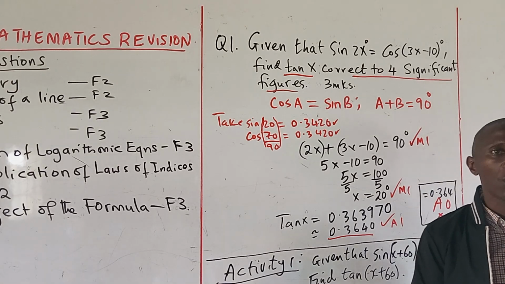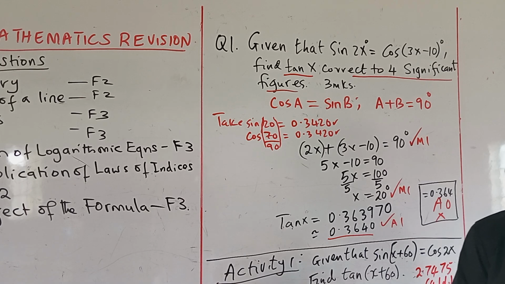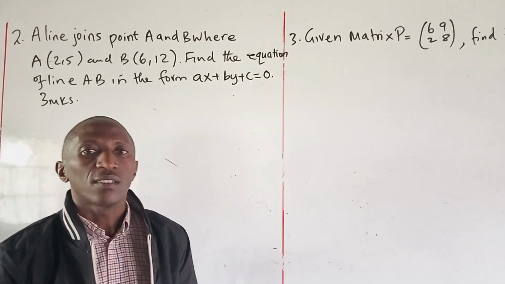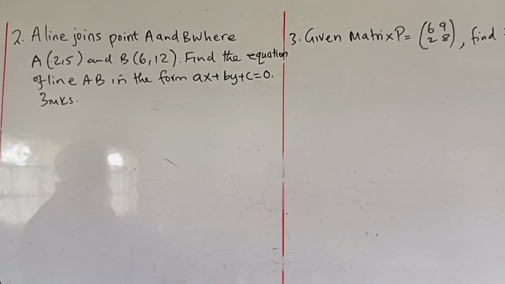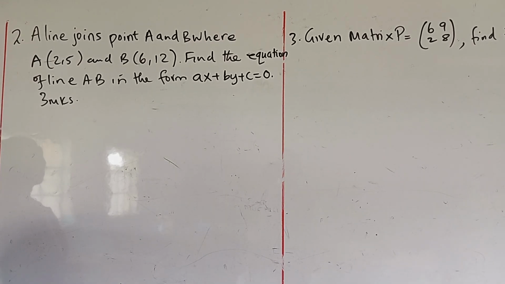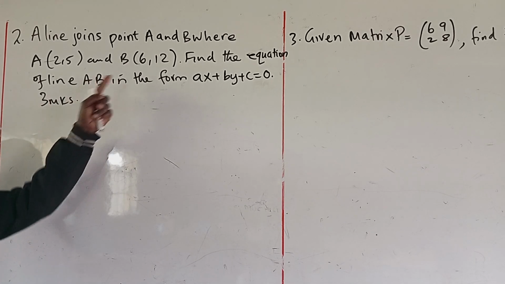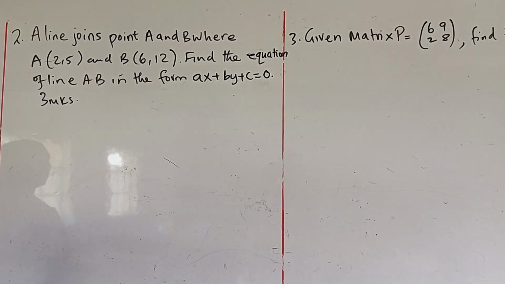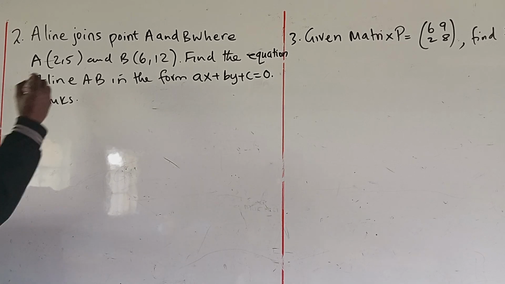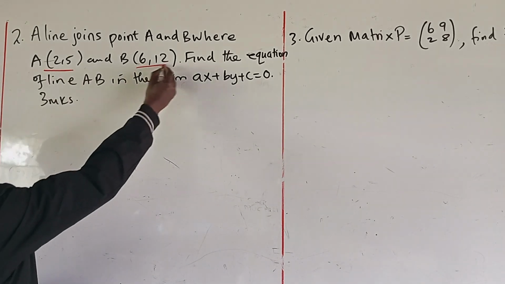Let's look at question number 2. Let us continue. In our question number 2, we are given a line that joins points A and B, where A is 2, 5 and B is 6, 12.